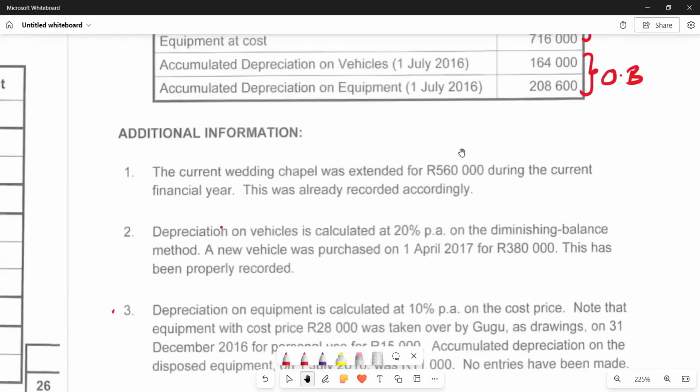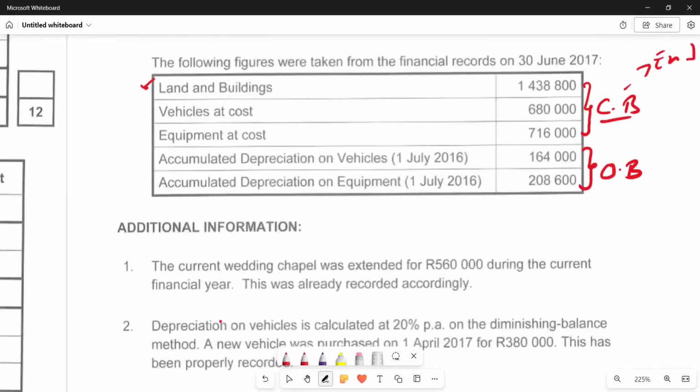Remember, here they are saying this was already recorded, meaning it was already adjusted. So for us to arrive at the figure we have there, which is 1,438,800, we had already added 560,000. So we have to remove it so that we get the balance at the beginning. Remember, this one represents the closing balance. So we have to subtract 560,000 from 1,438,800 so that we can have the balance at the beginning of the year.